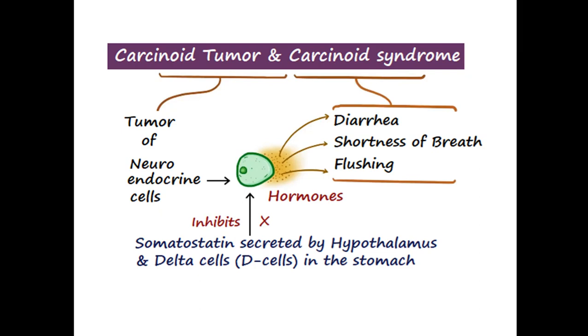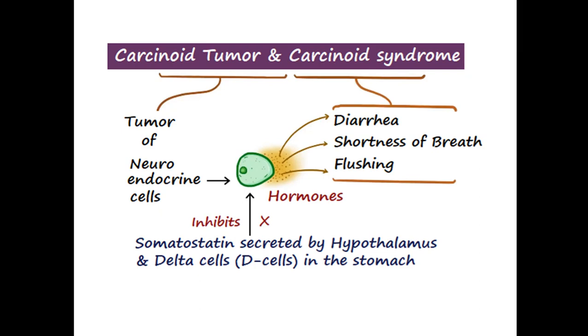Various hormones secreted by the neuroendocrine cell include the bradykinins, which are a component of the kinin system, and the prostaglandins. And they are strong vasodilators. They cause vasodilation and increase blood flow.